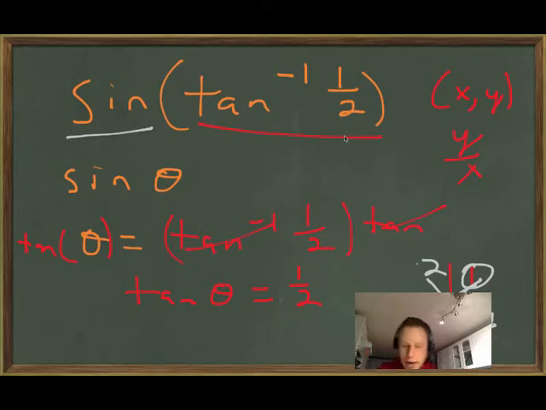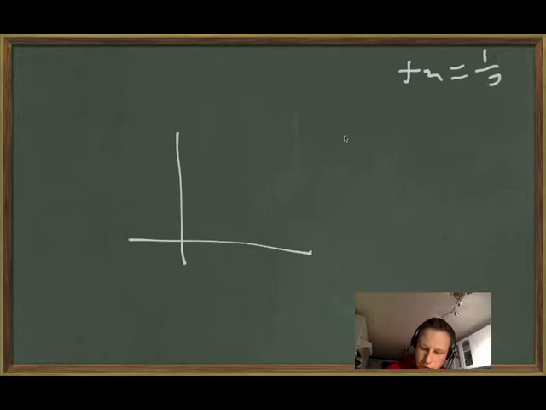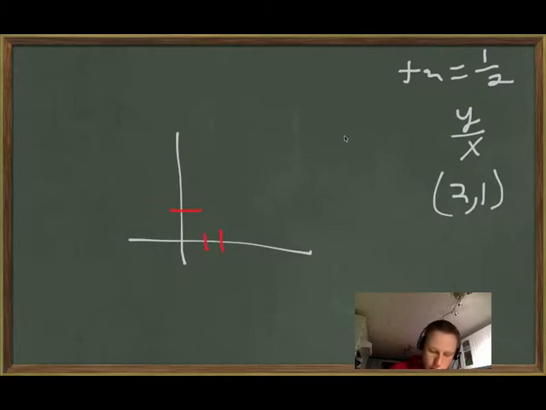Since tangent is a half and we're in quadrant 1, it's y over x, so our coordinate is going to be x, which is 2, and y, which is 1. So the point we're going to draw our triangle from is 2, 1, which is right here. So here's our triangle. This is 2, 1, which means this length is 2, and this length is 1.